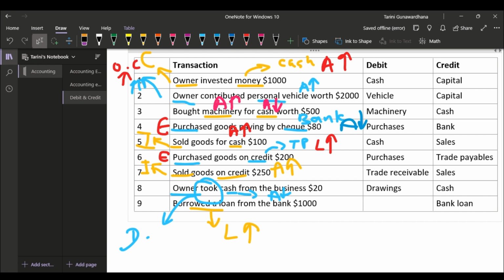And when you borrow money from the bank, cash held within the business will increase. And cash is an asset which is increasing. So that's debit. Cash. Now remember, as seen in this question, every transaction has a debit entry and a credit entry.